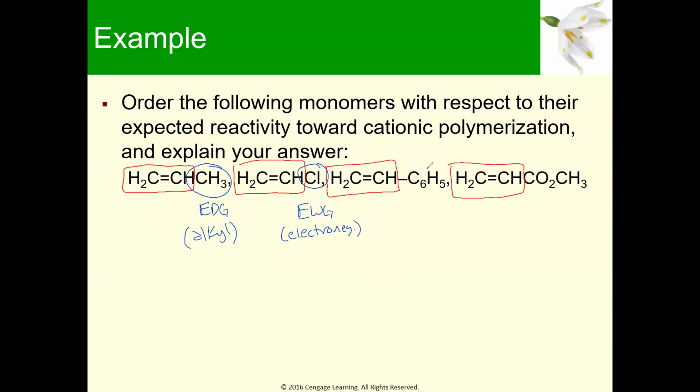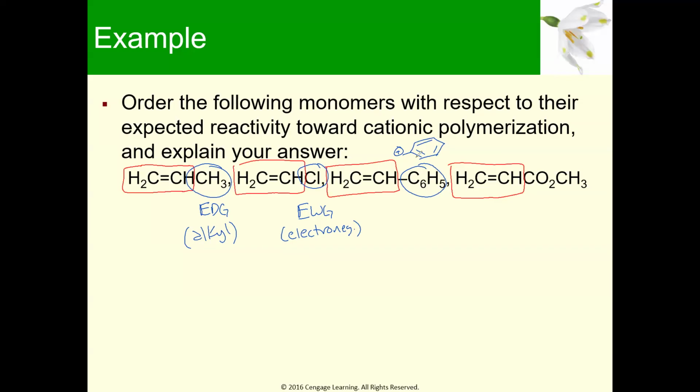Okay, so this one, that's a benzene ring. That's like a phenyl group. So we have that alternating double bond, single bond, double bond, single bond. And so if over here I've got a positive charge, then that's going to be stabilized by, I'll change to a green color here.